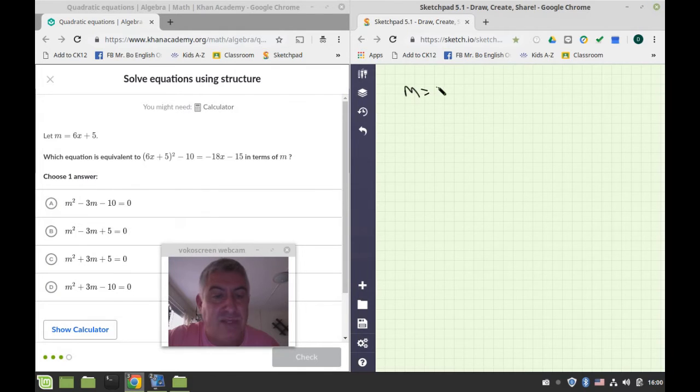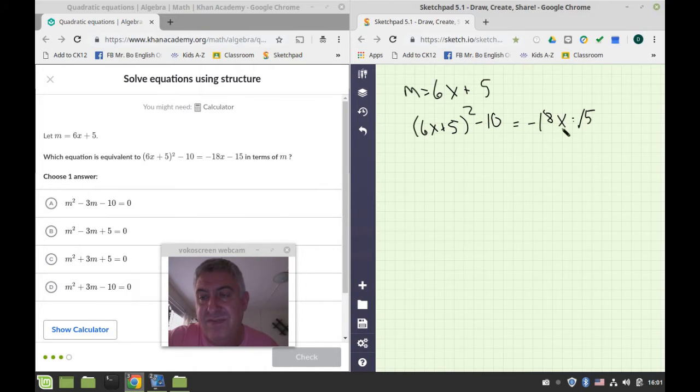So it's giving us the substitution 6x plus 5, and the question is, what is the equation with m? So this one is going to be pretty short. So I've got 6x plus 5 squared minus 10 is equal to negative 18x minus 15, and I see that I can pull out a negative 3 here.